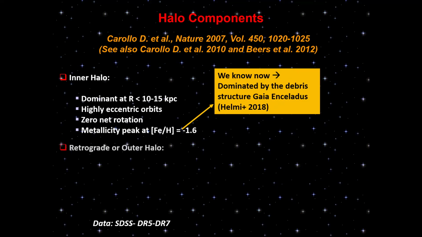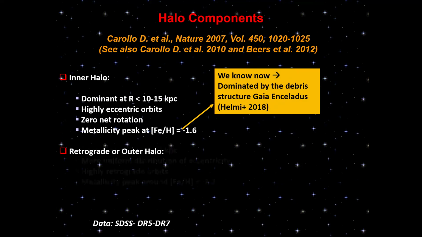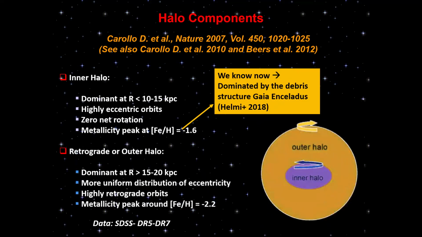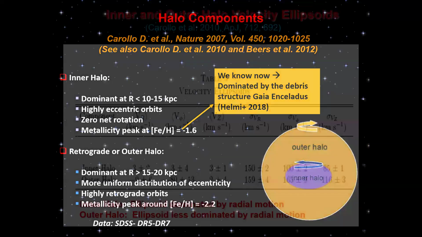And the second component is the outer halo, which is dominant at galactocentric distances greater than 15 to 20 kiloparsec and shows a more uniform distribution of eccentricities. The metallicity peak is at -2.2, so it's very metal poor, and it has highly retrograde orbits.